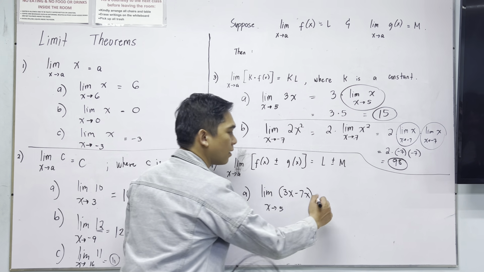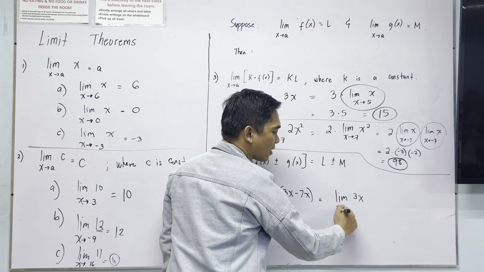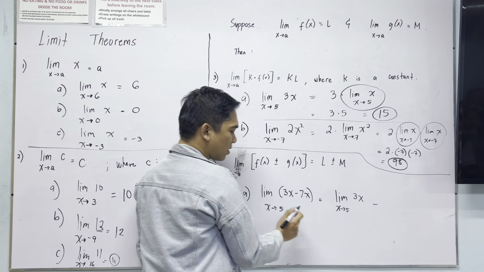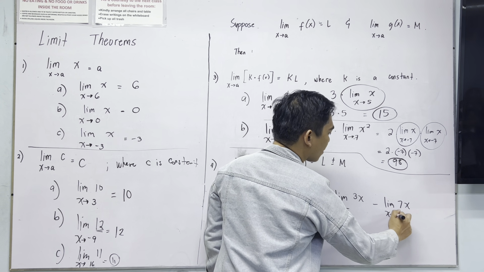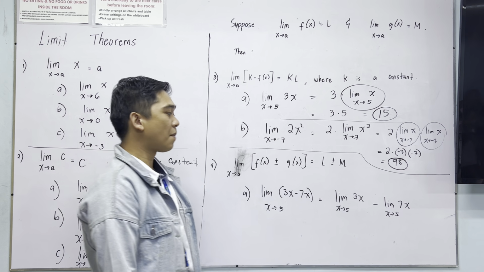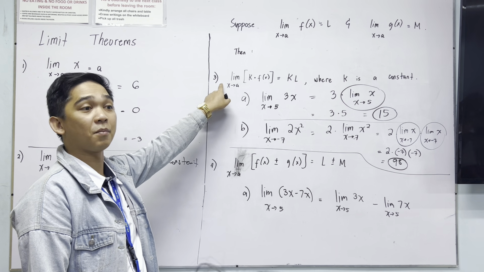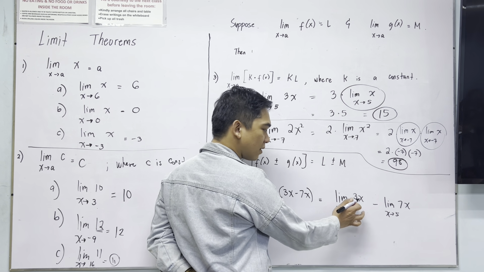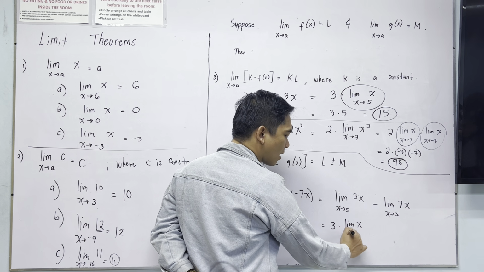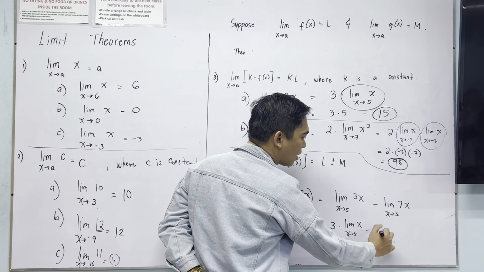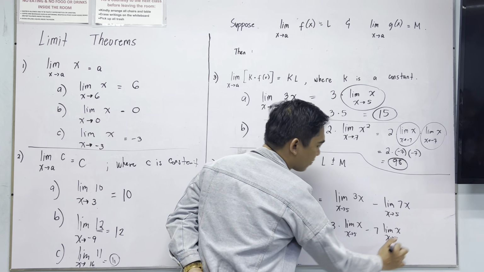Paghiwalayin natin, this can be written as limit of 3x as x approaches 5 minus limit of 7x as x approaches 5. Pag napaghiwalay na, ilabas natin yung constant applying theorem number 3.